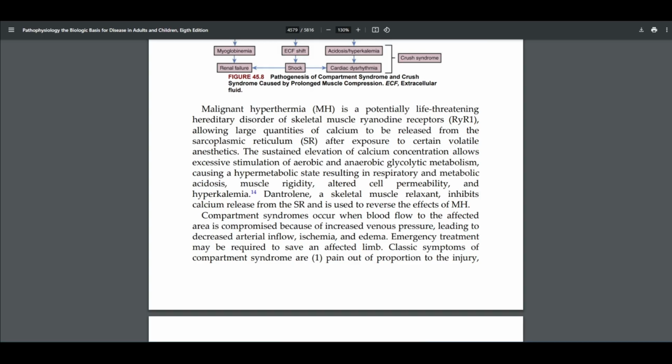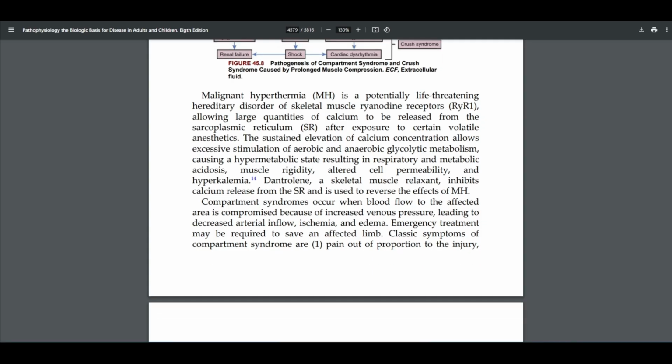The sustained elevation of calcium concentration allows excessive stimulation of aerobic and anaerobic glycolytic metabolism, causing a hypermetabolic state resulting in respiratory and metabolic acidosis, muscle rigidity, altered cell permeability, and hyperkalemia. Dantrolene, a skeletal muscle relaxant, inhibits calcium release from the sarcoplasmic reticulum and is used to reverse the effects of malignant hyperthermia.